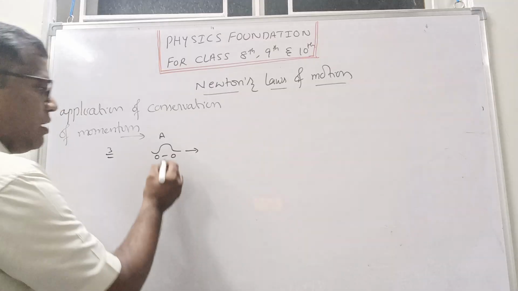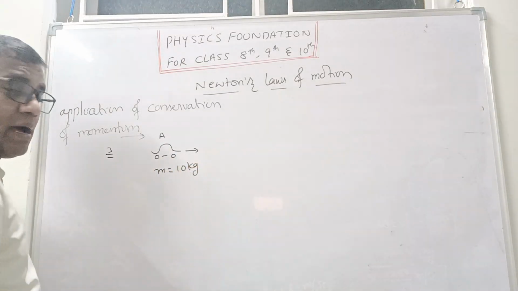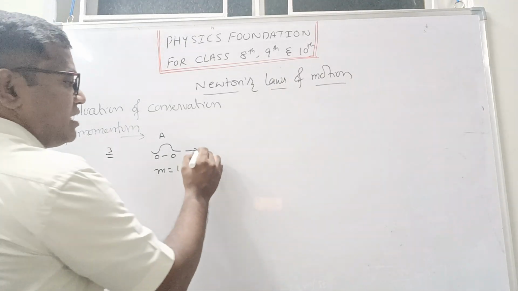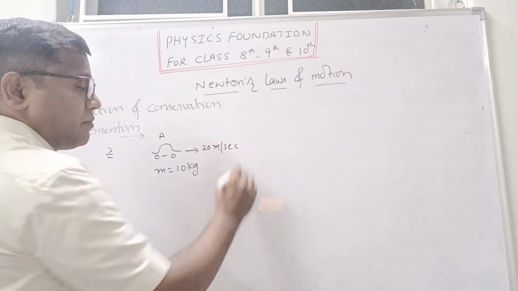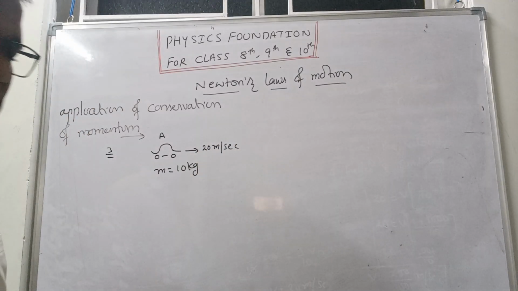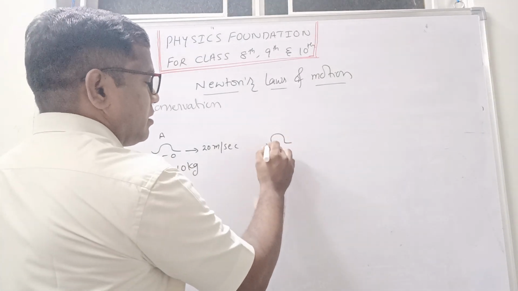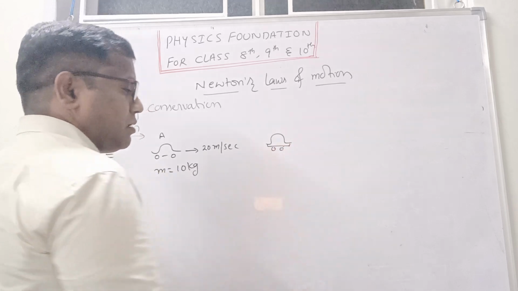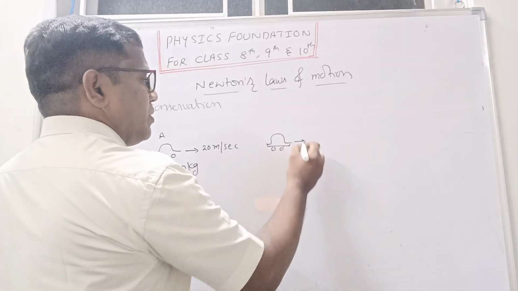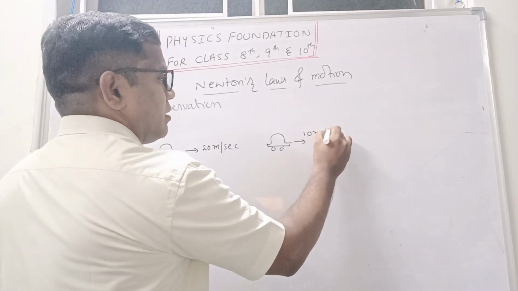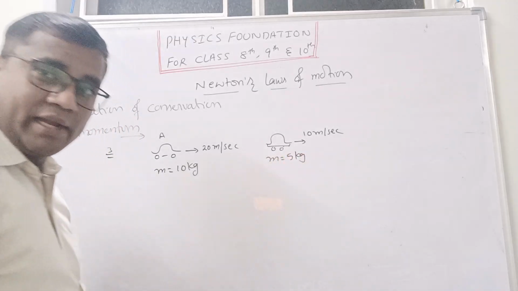Its mass, for example, is 10 kg, and it is moving with a velocity of 20 meter per second. Again, one more car is there, moving with a velocity of 10 meter per second, and its mass is 5 kg.